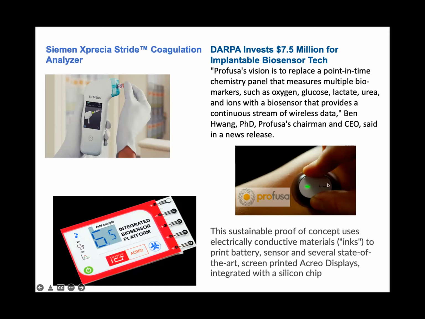So you can see that underneath the sensor, there are micro needles that go through your skin, but it's not painful because they are micro needles. And by using this, they can analyze a lot of biomarkers to check on your health status.